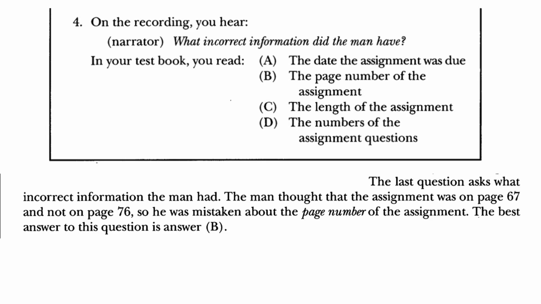The last question asks what incorrect information the man had. The man thought that the assignment was on page 67 and not on page 76. So he was mistaken about the page number of the assignment. The best answer to this question is answer B.